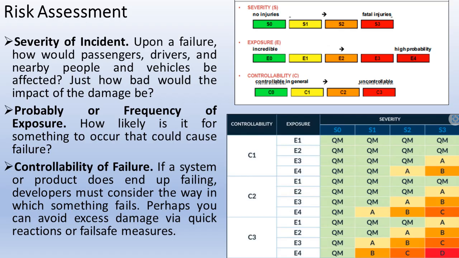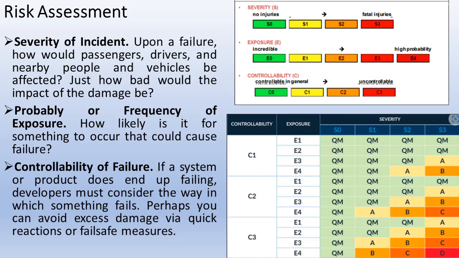Now ASIL A stands for the least severity or the least hazardous situation, and ASIL D stands for the highest hazardous situation. As I have already mentioned, severity means how the passengers, drivers or nearby vehicles would be affected. Probability or frequency or exposure means how likely it is for something to occur that could cause failure.